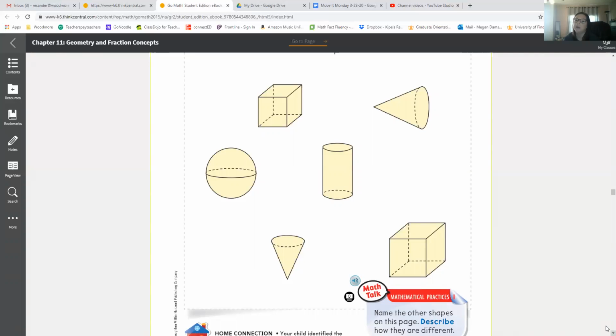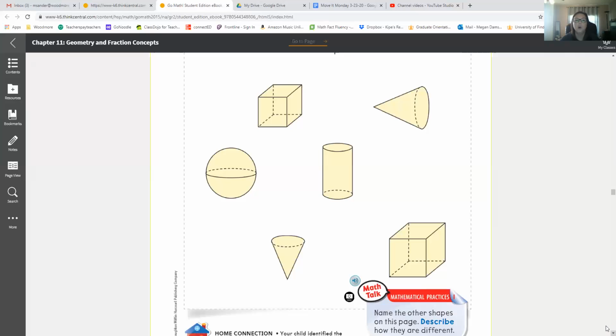If I were describing the cone, I would say I am a 3D shape. I have 1 face. I have a point, but I do not have a vertex because I don't have edges that make that vertex.